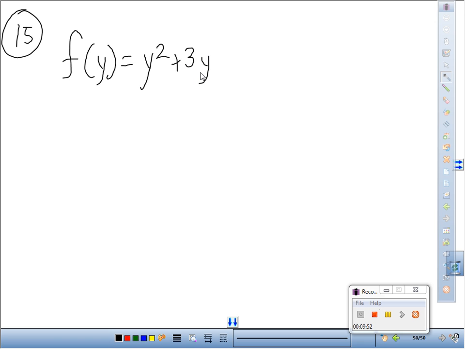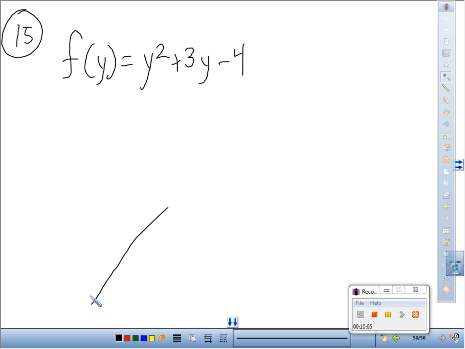Number 15 says f of y equals y squared plus 3y minus 4. All right. Who notices a dilemma here?